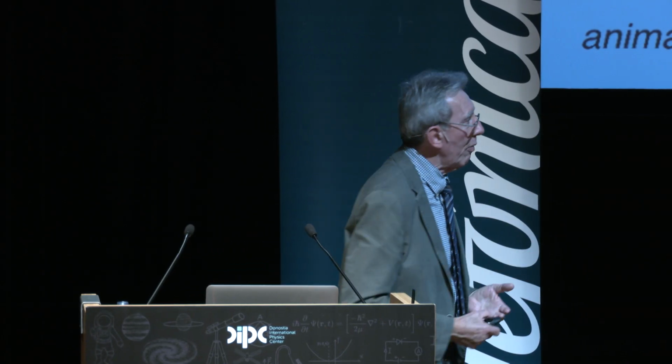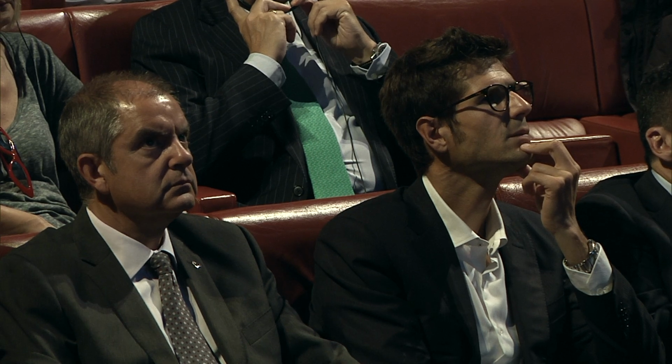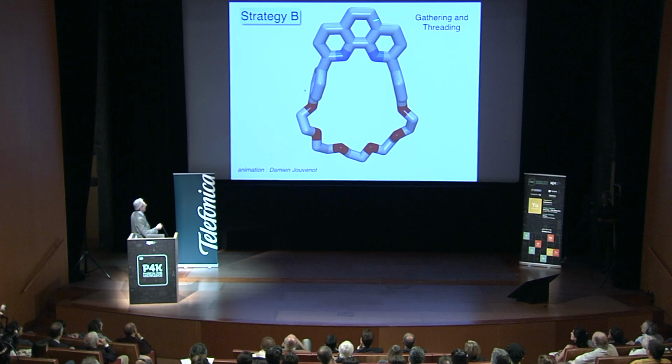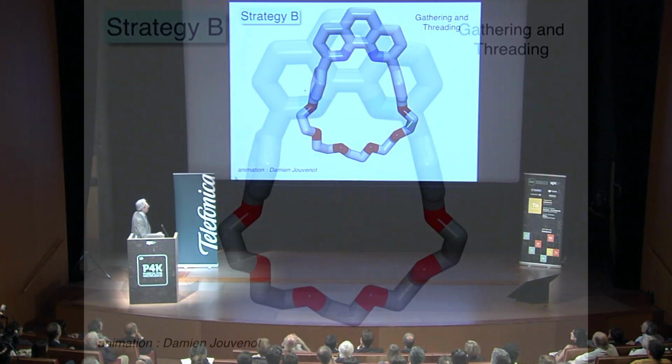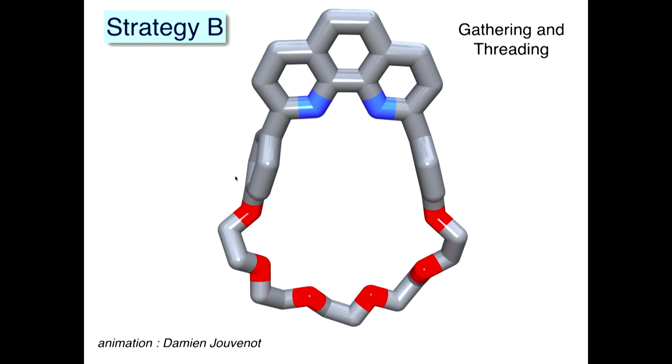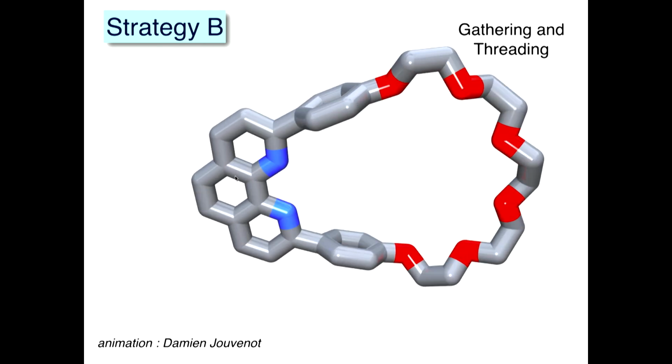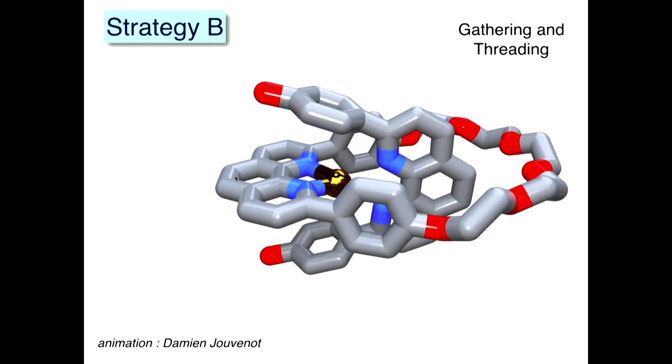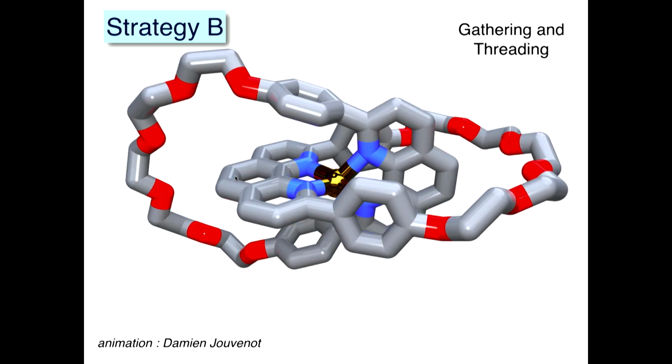Another strategy was a little bit more complex, but not exceedingly complex. You can make a ring of this type with 2 nitrogen atoms in blue here. And these nitrogen atoms will be happy to interact with copper. So what you do, you mix with copper, you add another organic fragment, and finally you make the second ring.